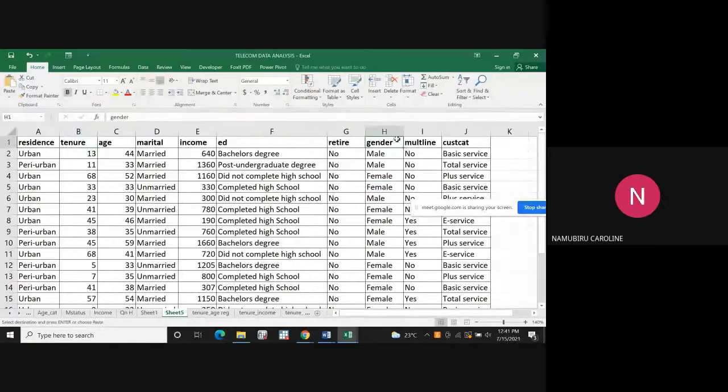Mine is not showing, but I'm going to make sure it does show. Okay, you have it, so let's use yours. I don't know why this isn't activated, but nevertheless, this can't fail us. Now, when you look at that, there is a drop down on tenure, right? An arrow that drops down, right?